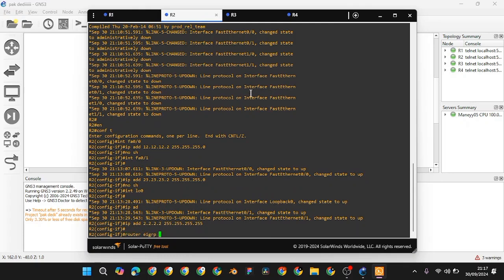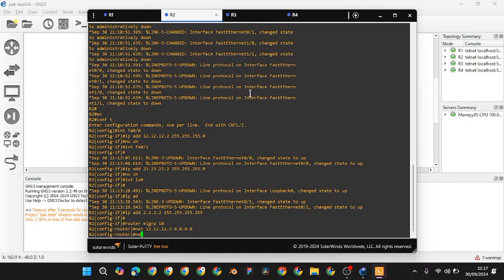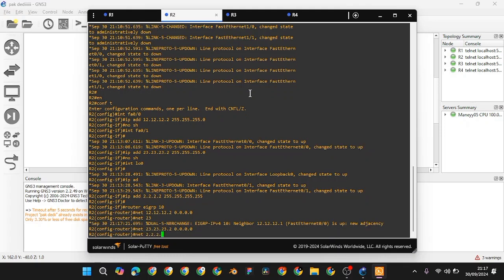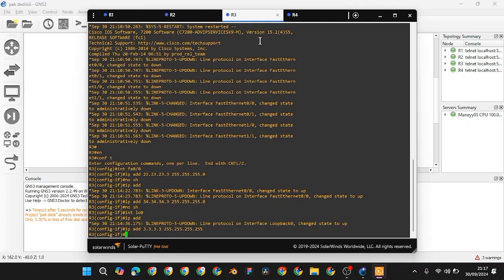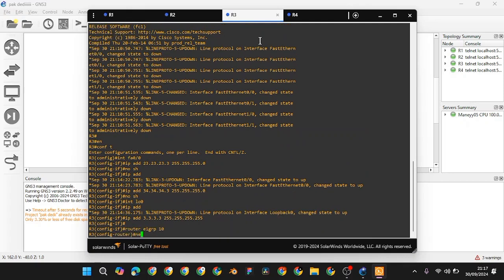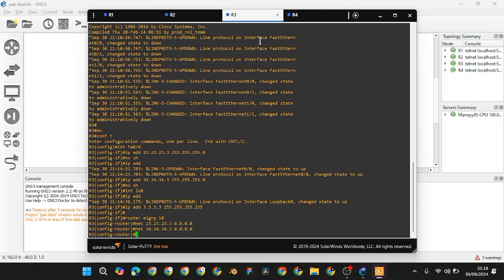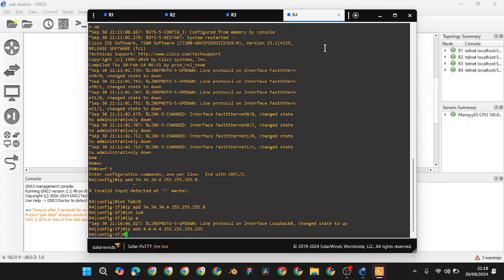Then you add no auto-summary. You do the second router too, but don't forget that the second router has 3 networks, because it's in the middle of the first and third routers. Like this: router EIGRP 10, and the networks for the third router are the same, 3 networks, just like this.